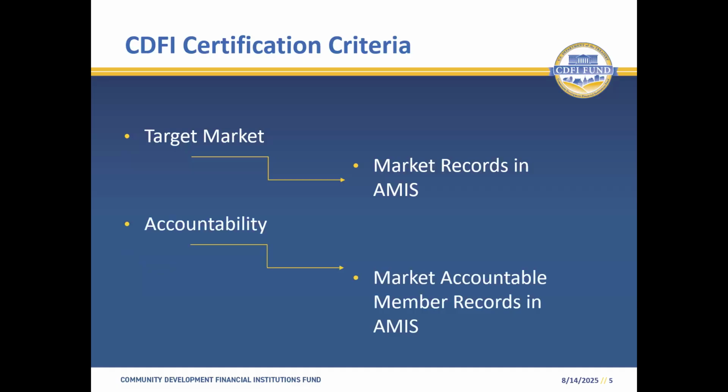A CDFI certification accountable member record must be created in the applicant's AMIS account on the relevant organization board member pages to convey the source of accountability to the applicable proposed target market components.